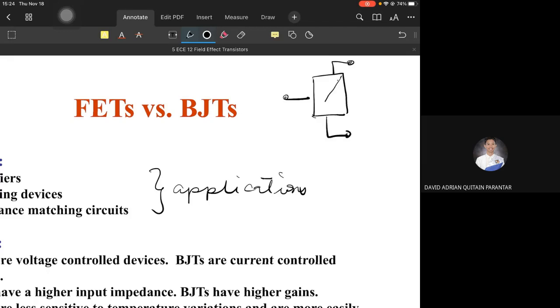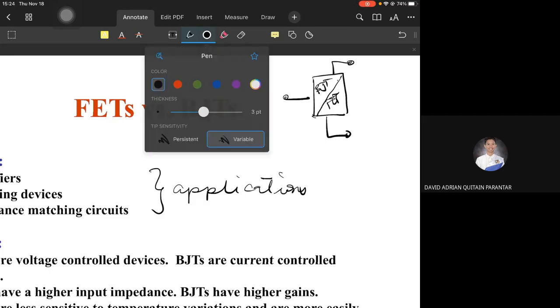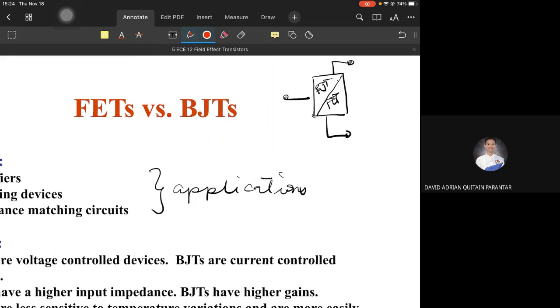So whether this is a BJT or FET, let us look at their basic operation. For the BJT, we've established that for current to flow from the collector to the emitter, current must flow in the base. The FET is different.